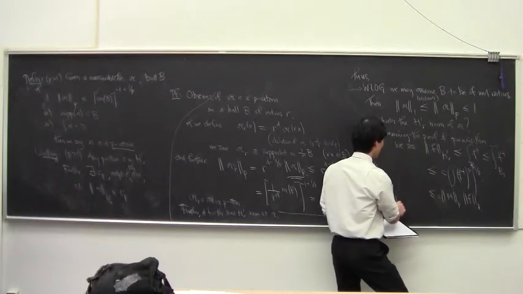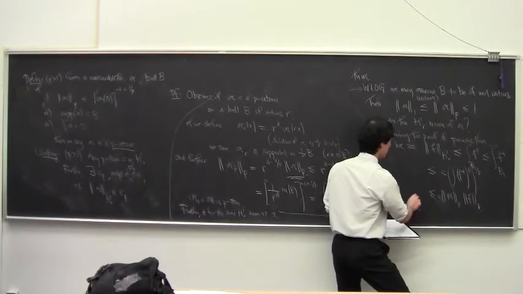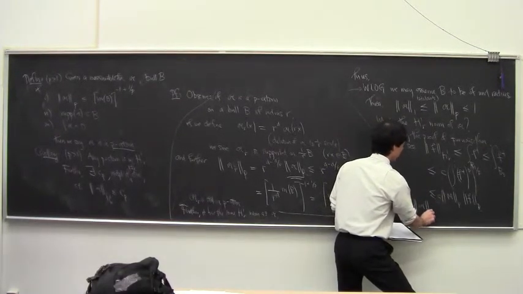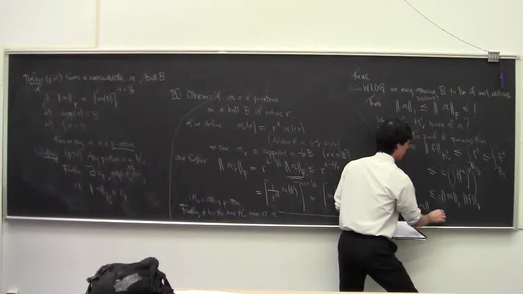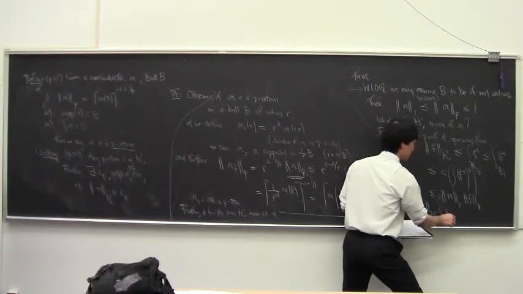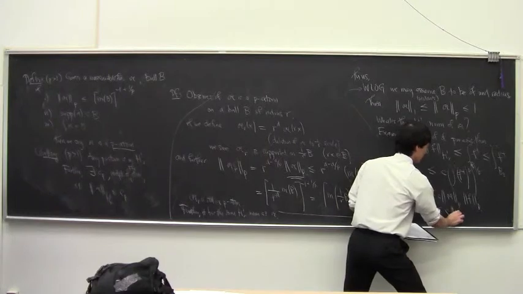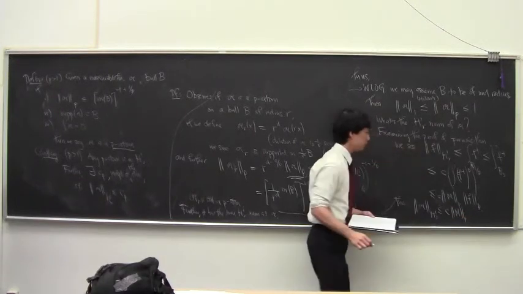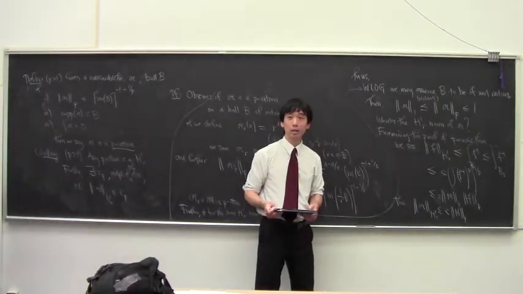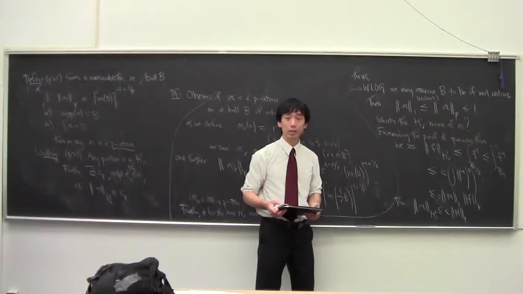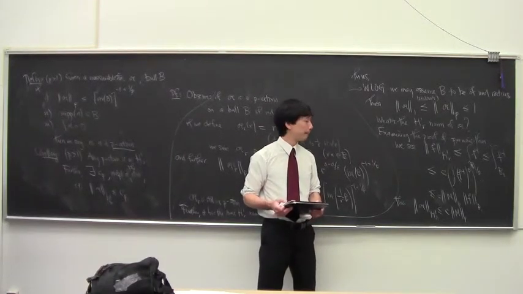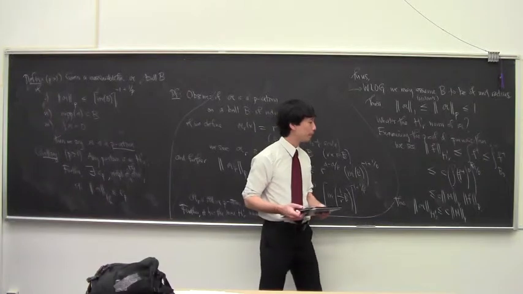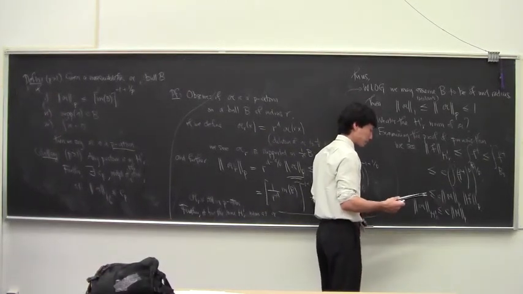Thus we see that the H1 norm of this guy is bounded by some constant times the Lp norm of the Hardy-Littlewood maximal function. Okay.